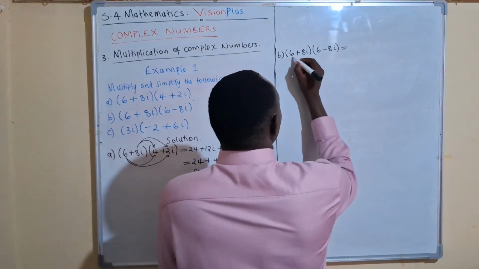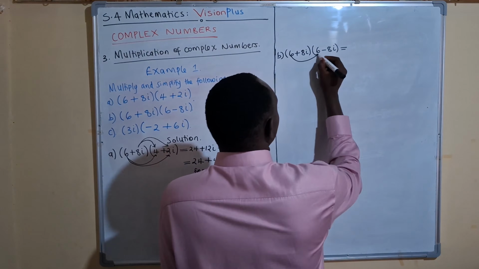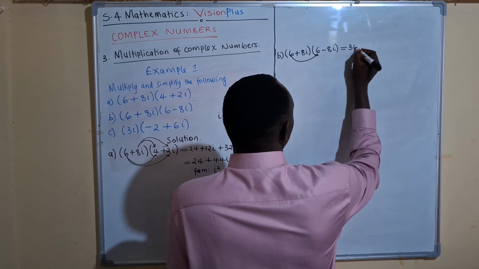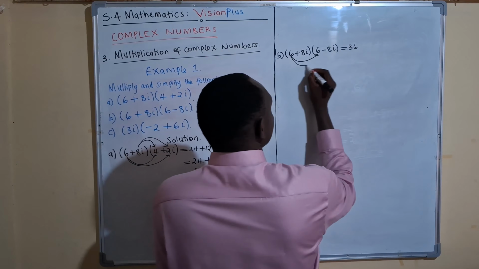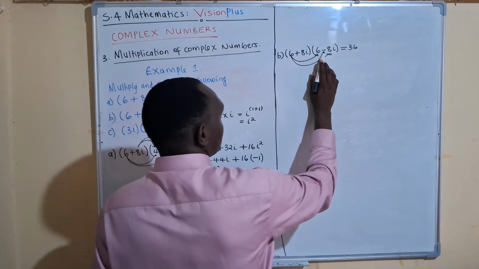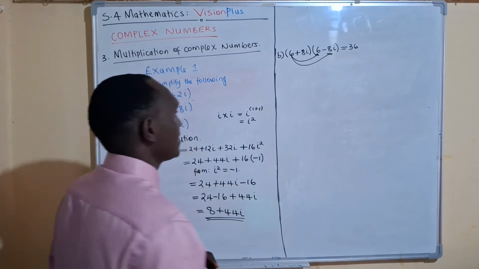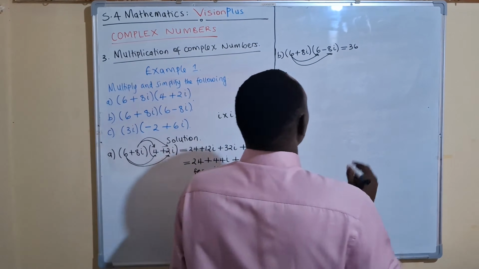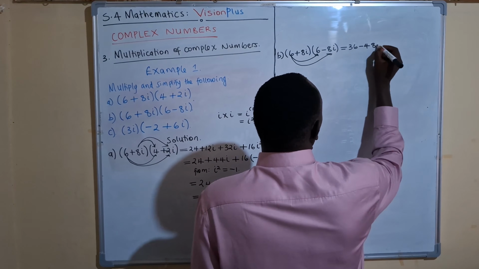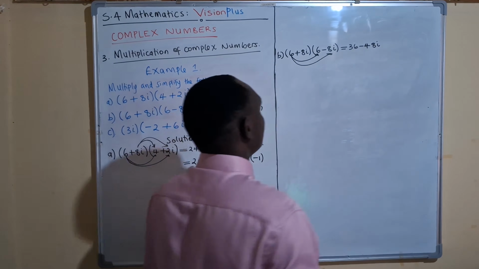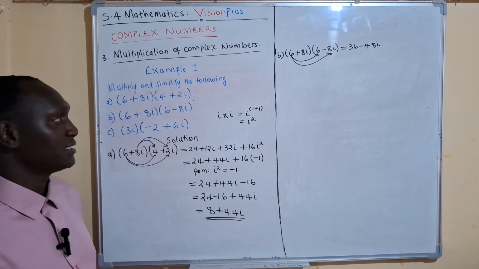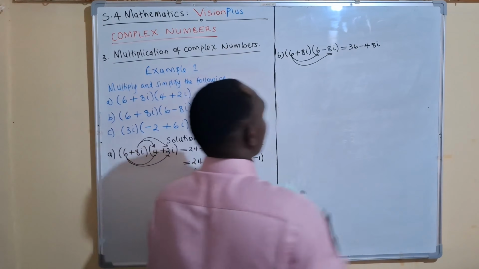So we shall begin by saying 6 times 6, you get 36. Again 6 times negative 8i. Consider the sign before a number. This is negative 8i. 6 times negative 8i will give us negative 48i, simply because 6 times 8 is 48, and there's that negative and i.